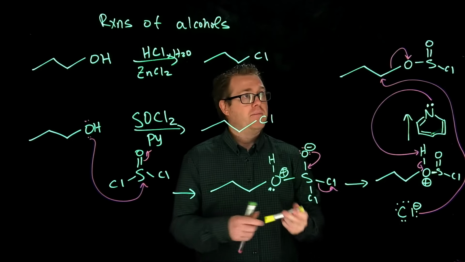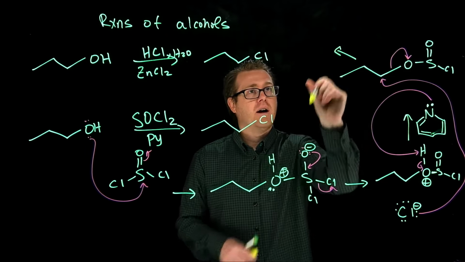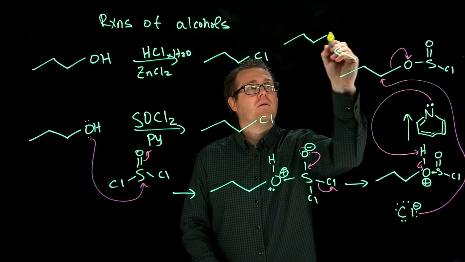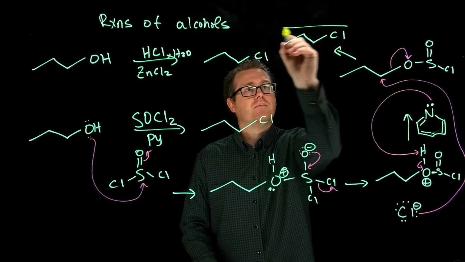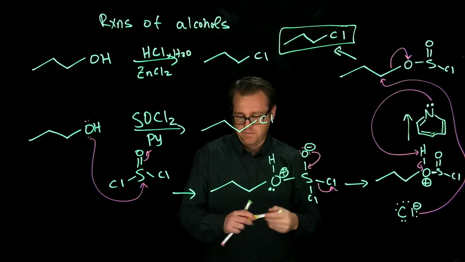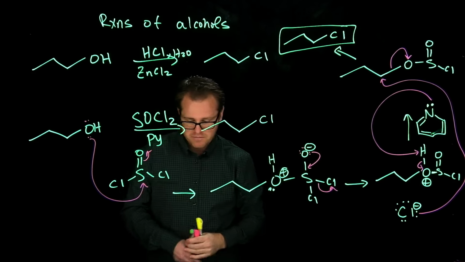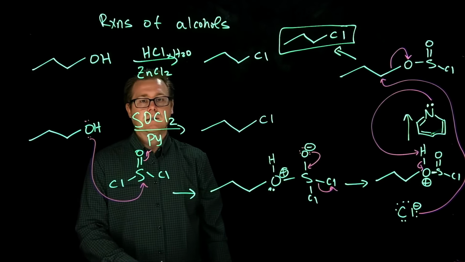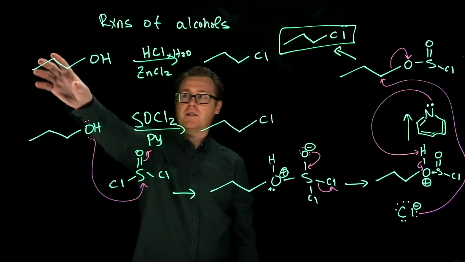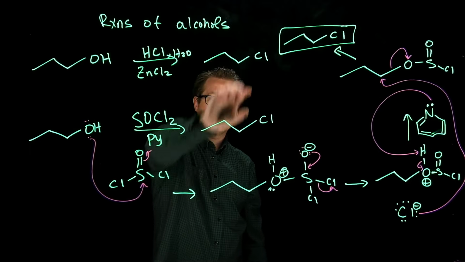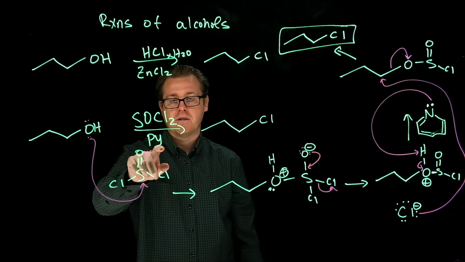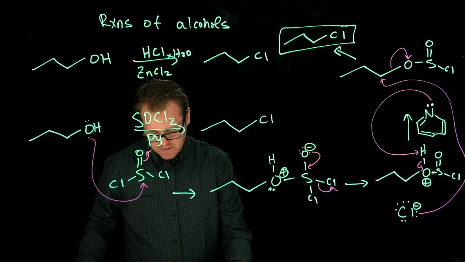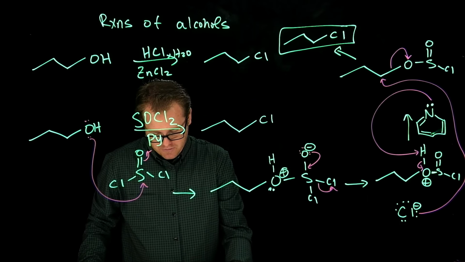And when you do that, that would then give us our product right there. Okay, so do you see how this reaction here gives us the same product as when you use thionyl chloride and pyridine? Pretty slick.